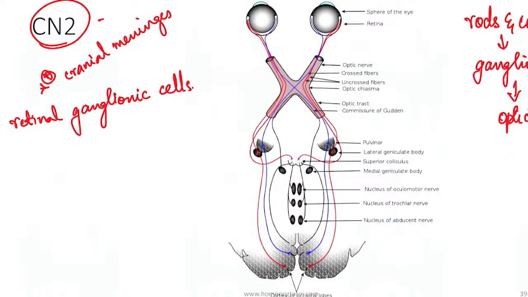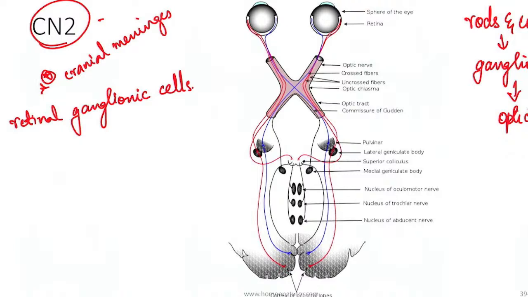So the fibers from the lateral side are not crossing. Okay, remember the lateral fibers do not cross. Lateral fibers of the retina or the optic nerve do not cross, and they just continue into the optic tract of the same side.